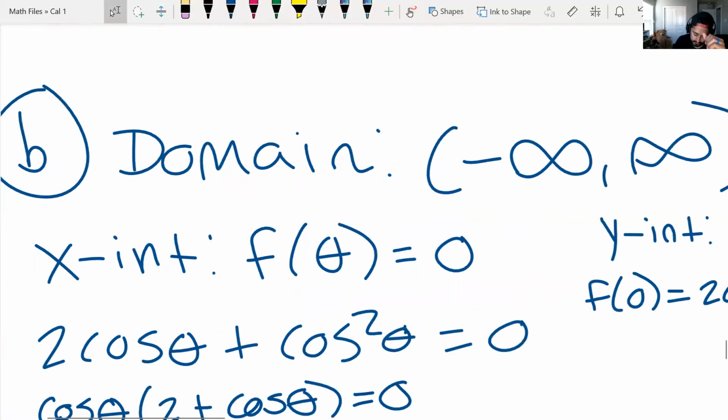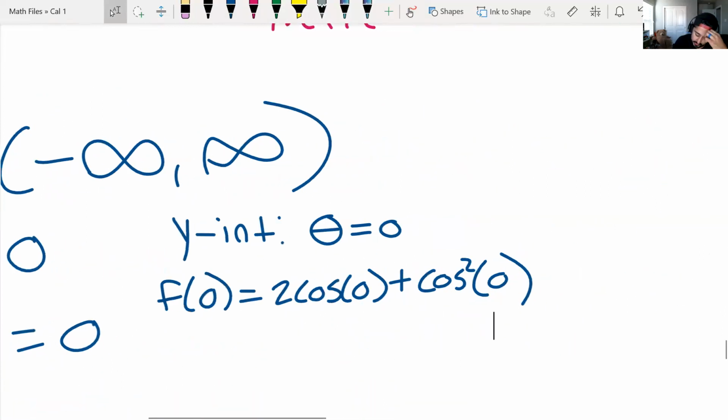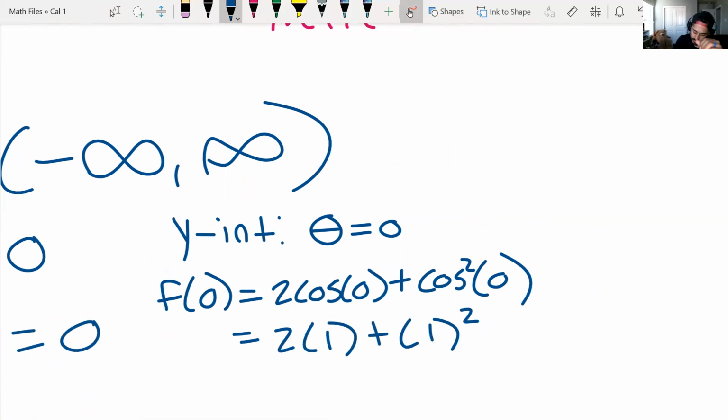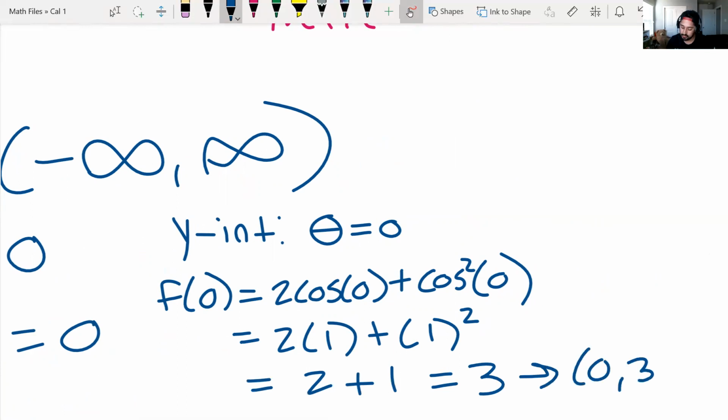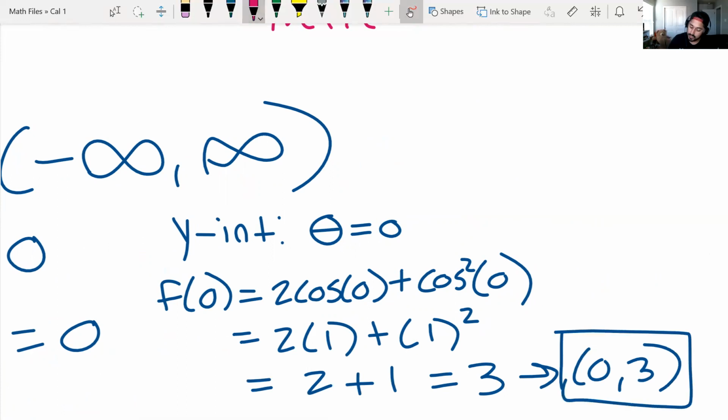This would become 2 times 1 plus 1 squared, which would give me 2 plus 1, which is 3. So my y-intercept would be at 0, 3. Here's my y-intercept.